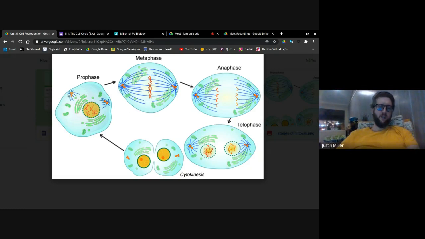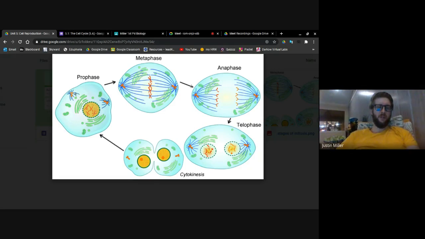And the second thing is that this stuff over here is what we call the mitotic spindle. Mitotic just refers to mitosis. And a spindle is just something that pulls on something. Okay, so this mitotic spindle is starting to form. And what this spindle is going to do is pull the DNA apart.